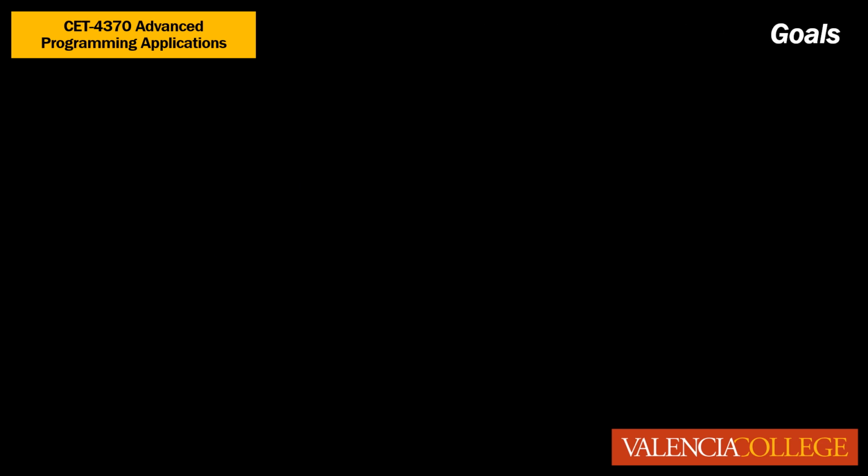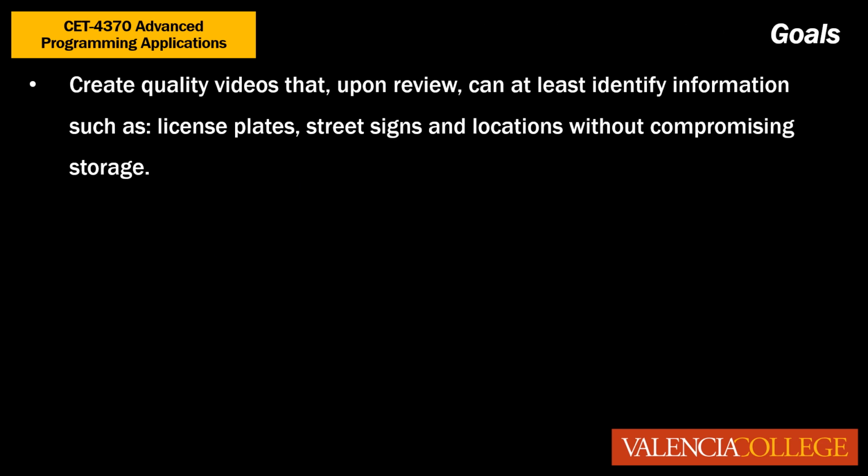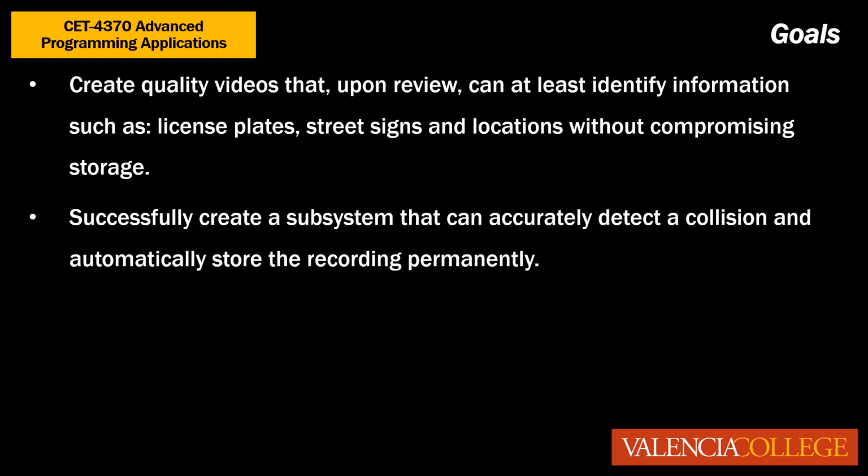Now let's go over the goals for this project. The goal is to create quality videos that upon review can identify information such as license plates, street signs, and locations, especially important for accountability. We should specifically create a subsystem that can detect collisions and record the data permanently into memory.